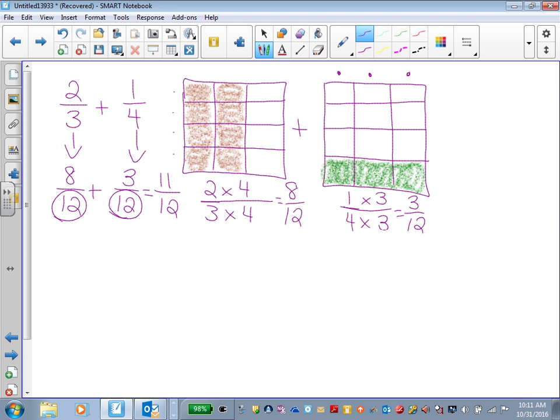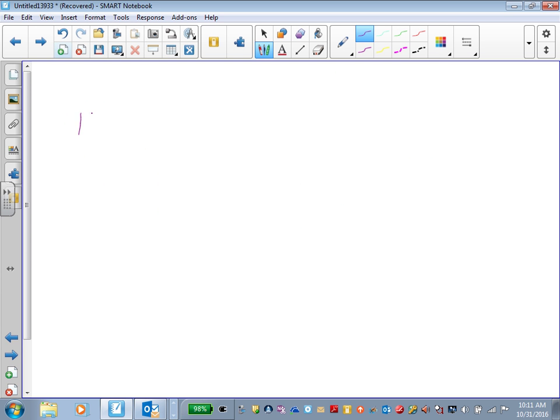Kiara, do you know when a fraction can be simplified? How do you know which number to choose? Whatever number could go into it evenly. So just to get off track for a second, if we had 10 over 12, what number can go into both 10 and 12 evenly?